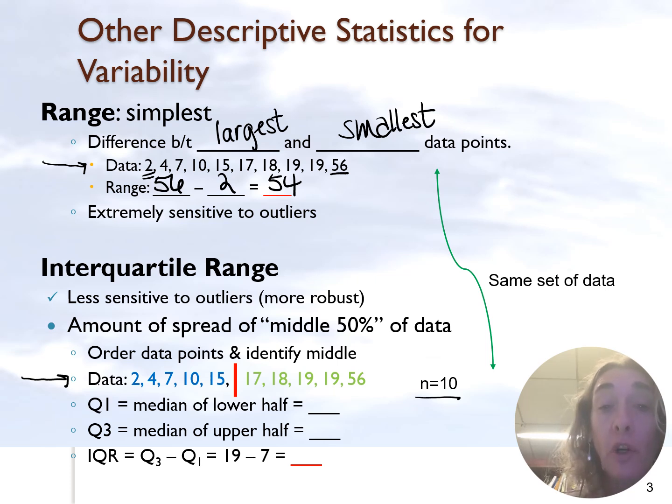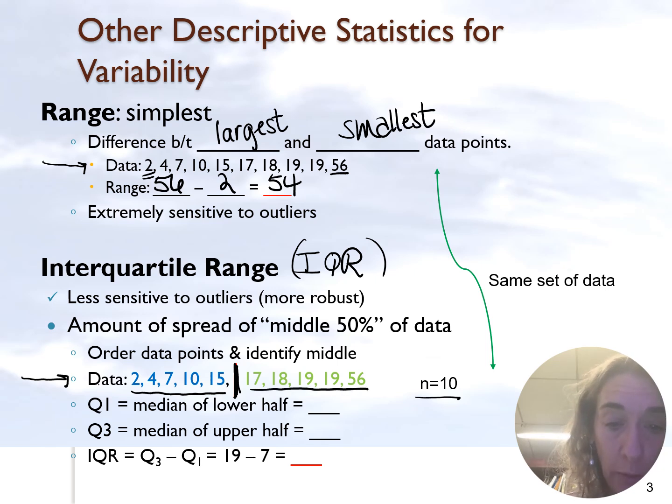To determine the interquartile range, which we abbreviate IQR, what you need to do is determine the middle point of your data. That actually is right here where this red line is. Because with 10 pieces of data, there are 5 items below the vertical line, 5 items above. So the 5 and 5 add to 10. This is your middle point.